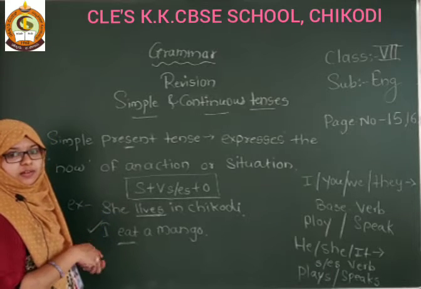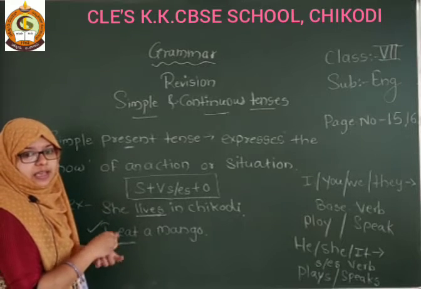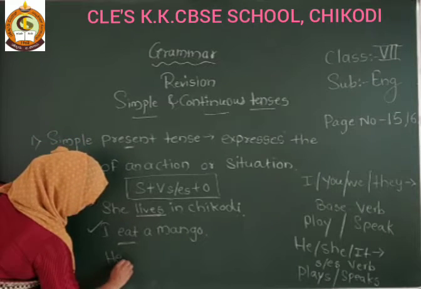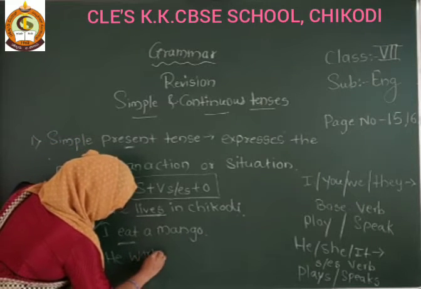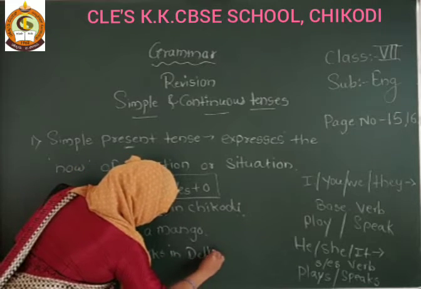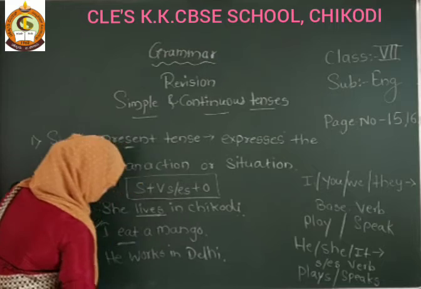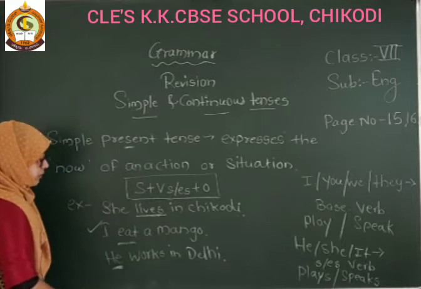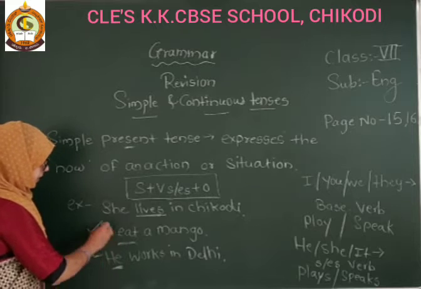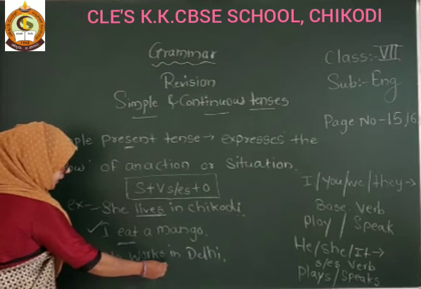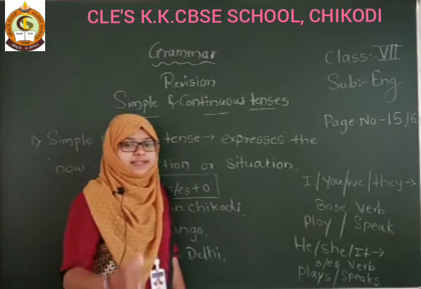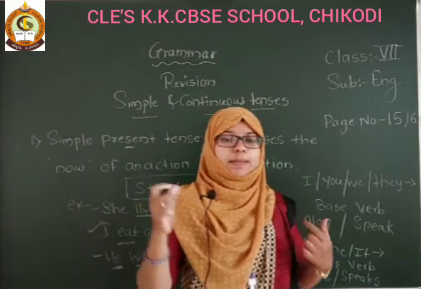Again, he works in Delhi. Just see, what is the subject? He. He is the third person here, so we have to add s to the verb. So these are examples of simple present tense.